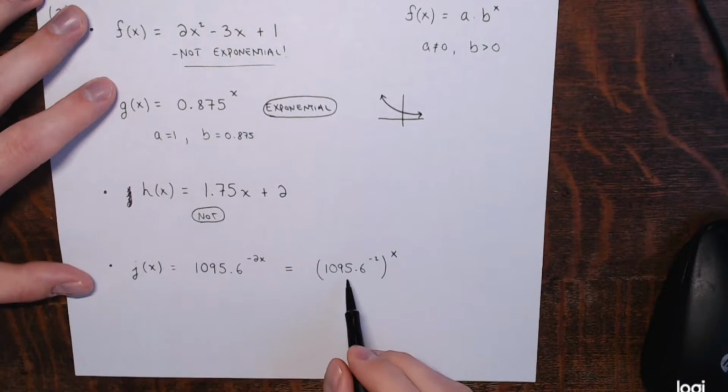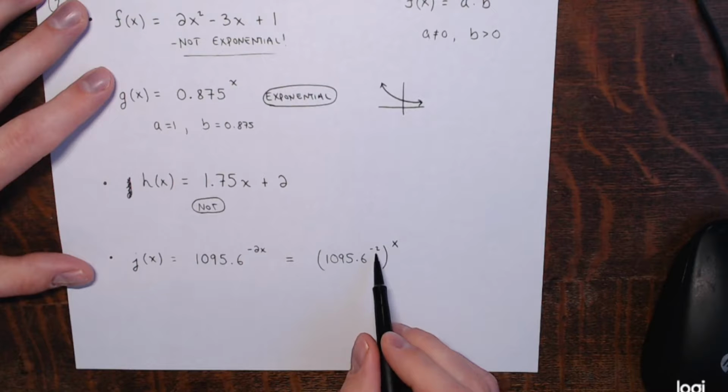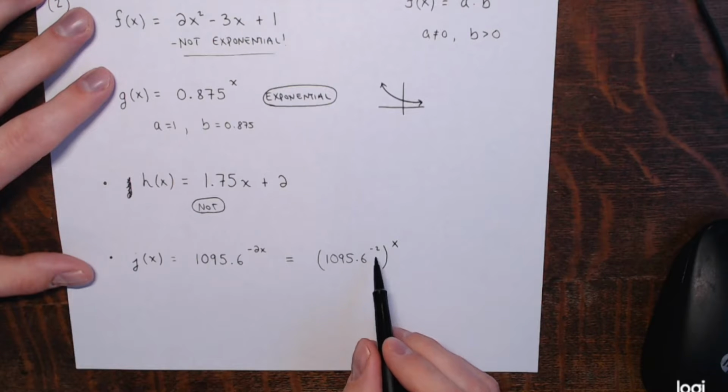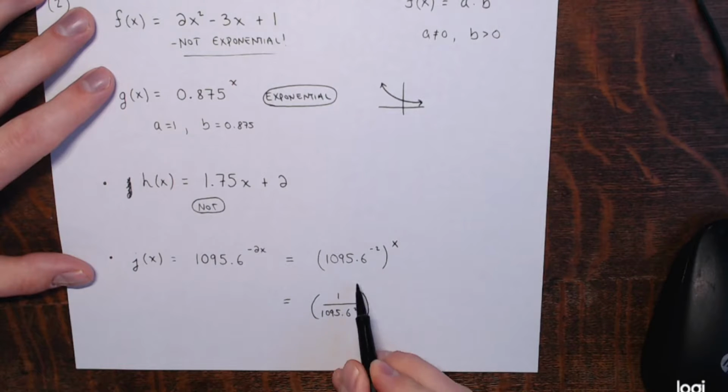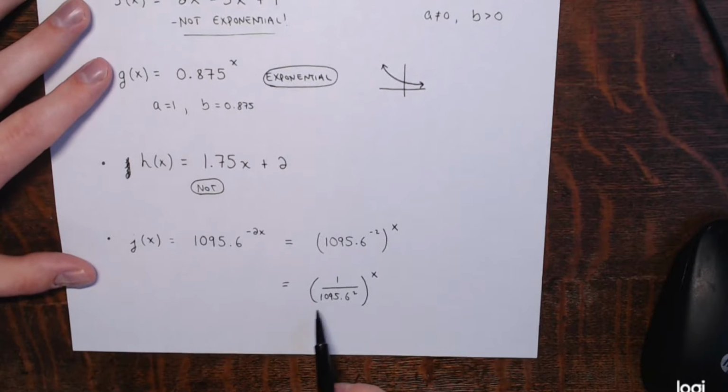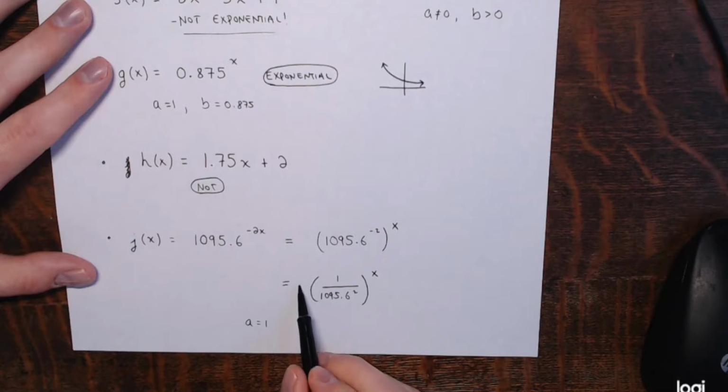And then remember, anything to a negative power is just the reciprocal of the positive power. So this is 1 over 1095.6 to the positive 2, and then to the x. So you see that the value of a is 1, right? This is 1 times this. The value of b is whatever this is, 1 over 1095.6 squared.